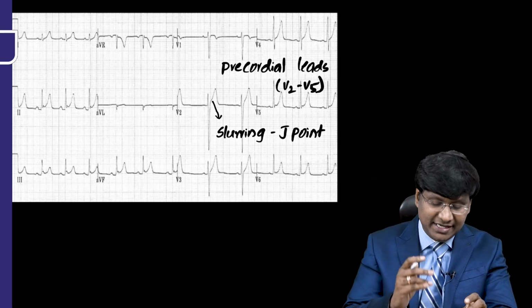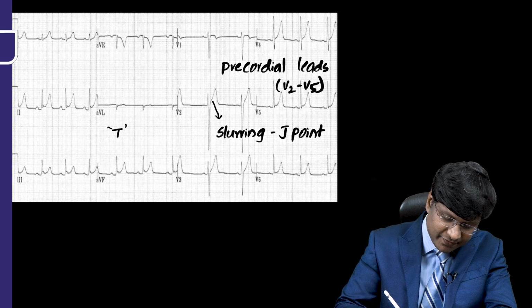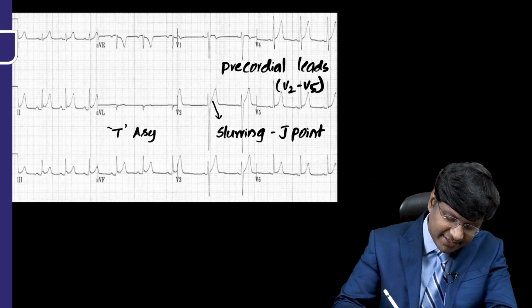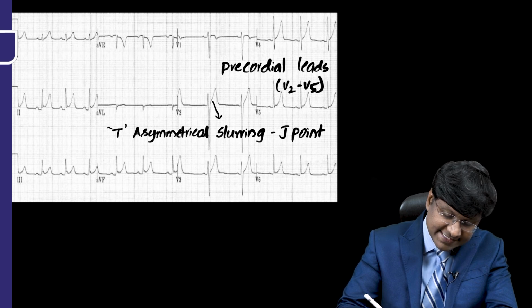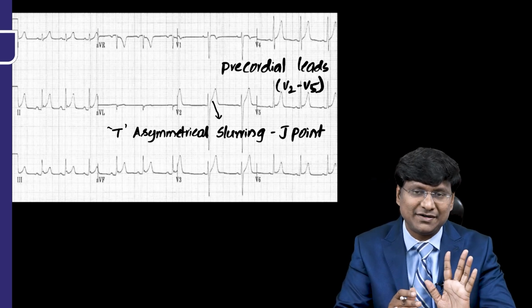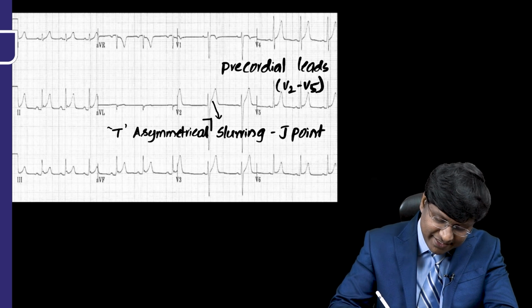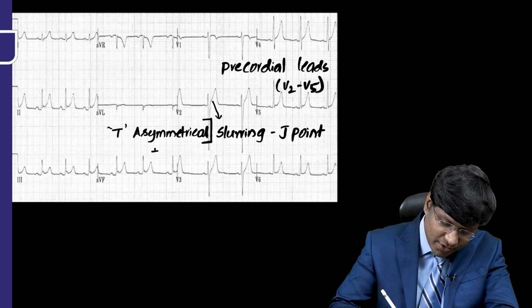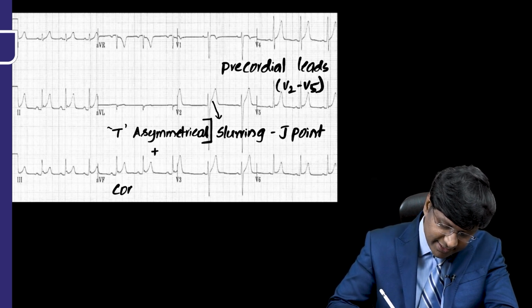And how will your T wave be? The T wave will not be symmetrical, it will be an asymmetrical T wave. And this asymmetrical T wave will be concordant with the QRS complex.